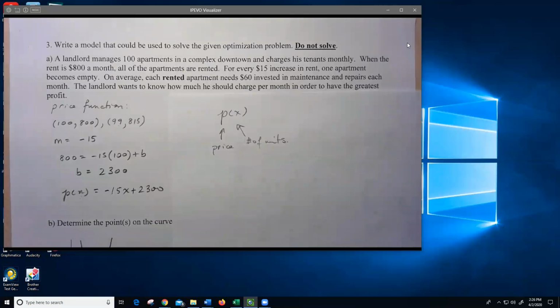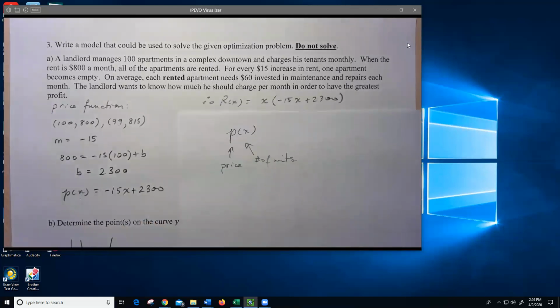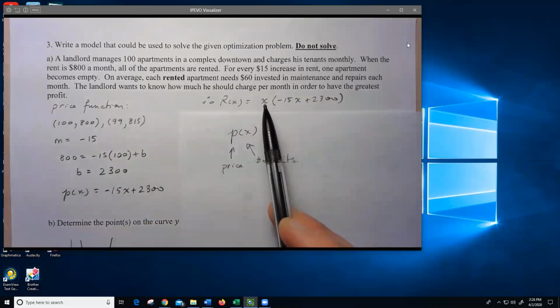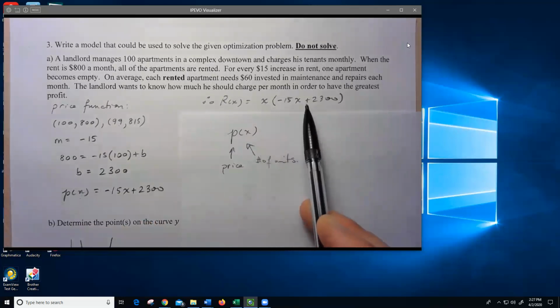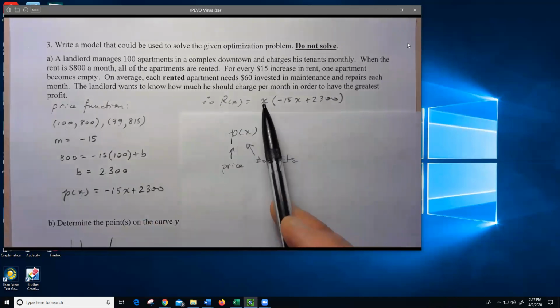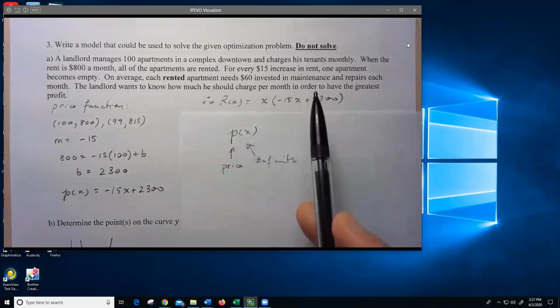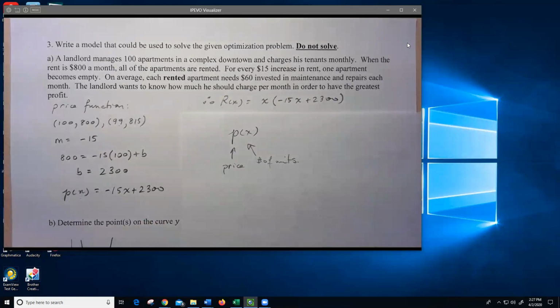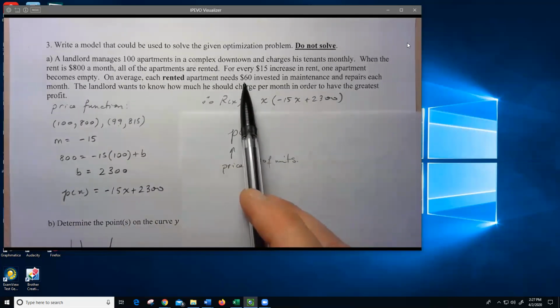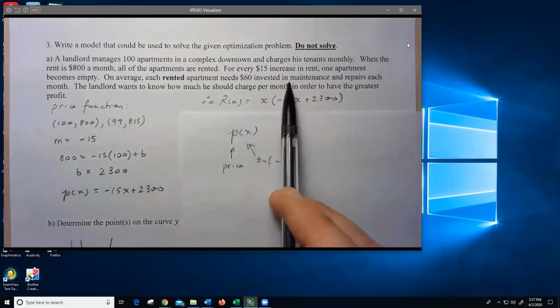All right. So we know that profit is revenue minus cost. So the first thing I do is calculate my revenue function, which is just the number of units times the price of the units. That's how much money I make: how many do I rent and how much am I renting them for. And then the cost, well, it says on average, each rented apartment needs $60 invested in maintenance each month.